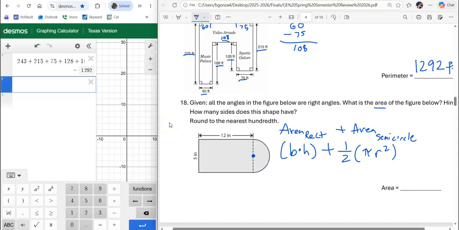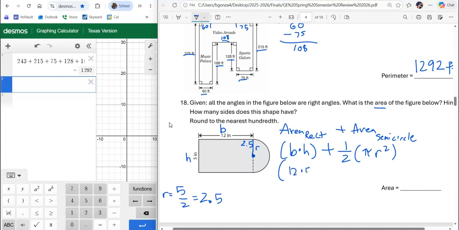So the base, we'll call it 12. The height, we'll call it 5. And then the radius halfway across is not 5, but half of 5. Radius is 5 divided by 2, which is 2.5, right? 2.5.